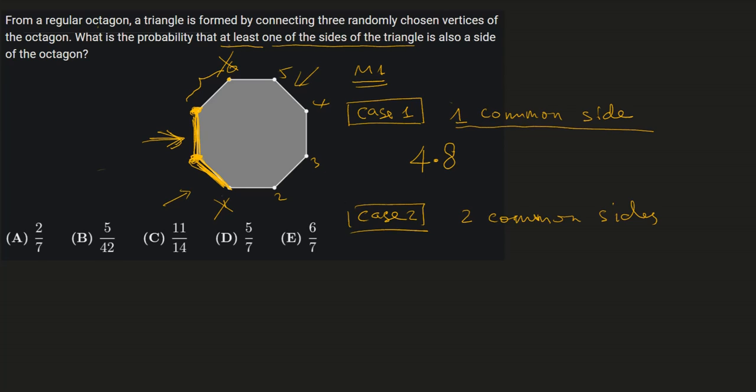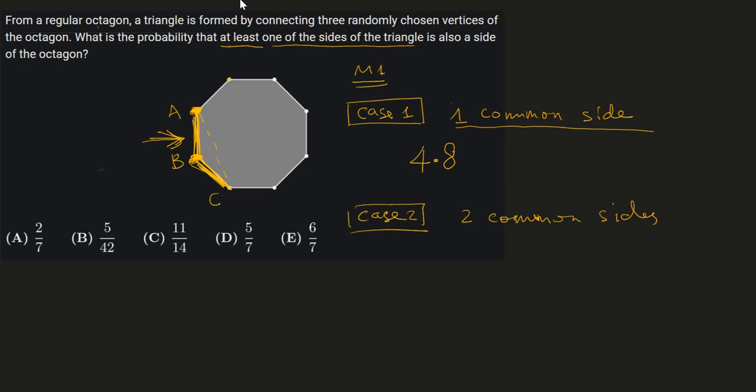Let's call them A, B, and C. I'll clean up this area a little bit so we can see it clearly. Then we connect A and C. That's our triangle. It's a good triangle that has 2 common sides.